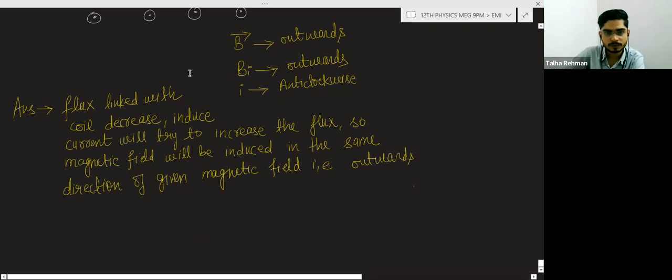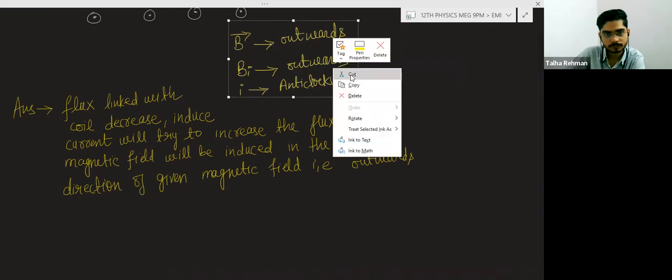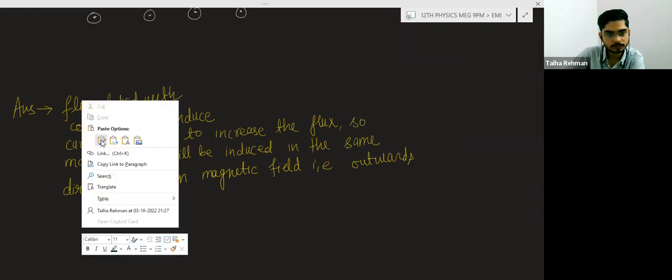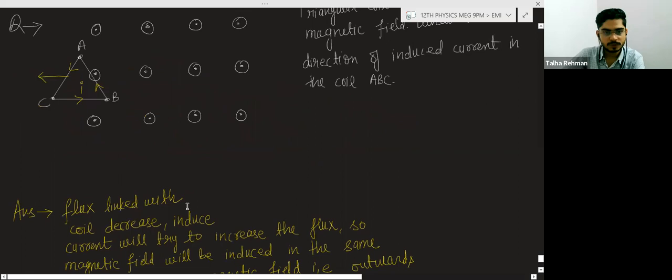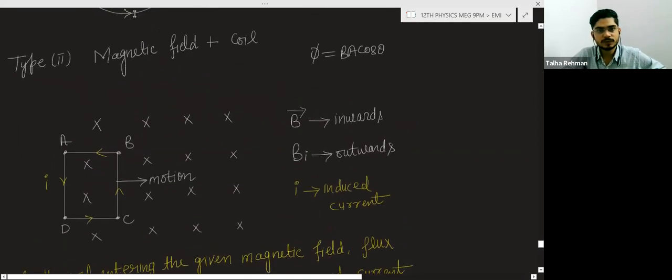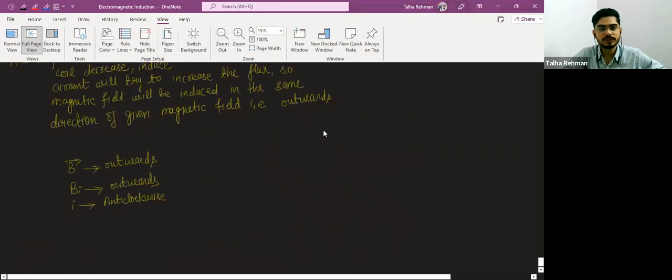B suffix i means induced magnetic field. Okay, both of you note it down. And if you want to ask any doubt, then you can ask me.